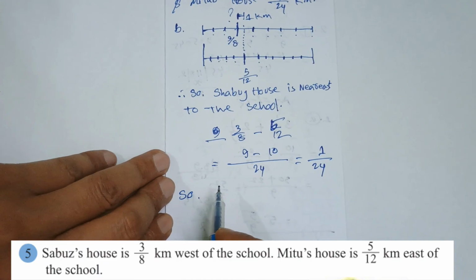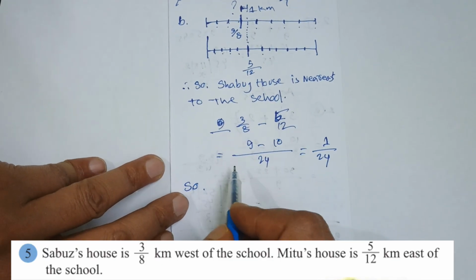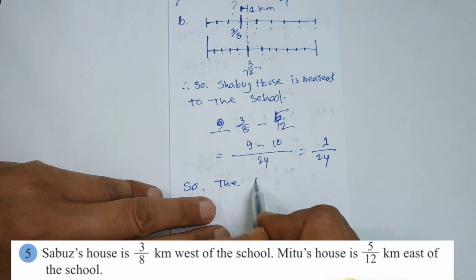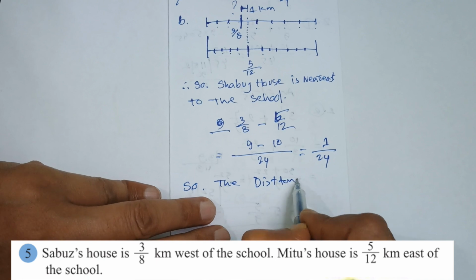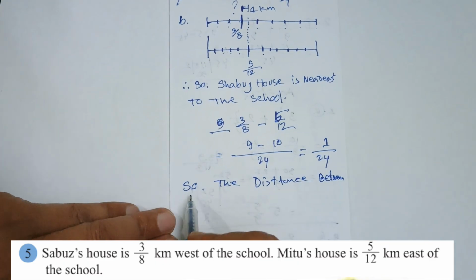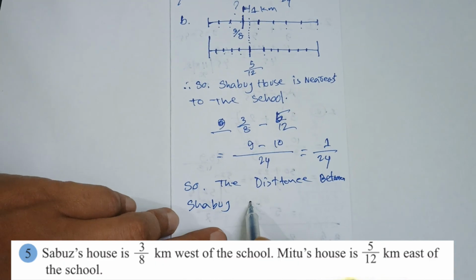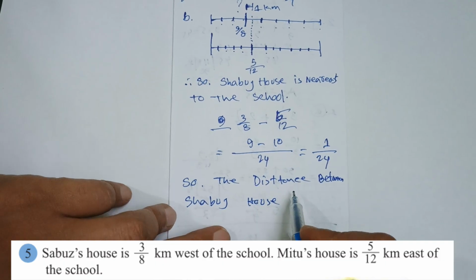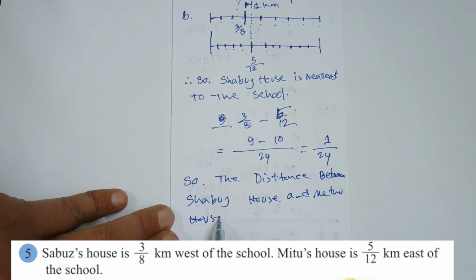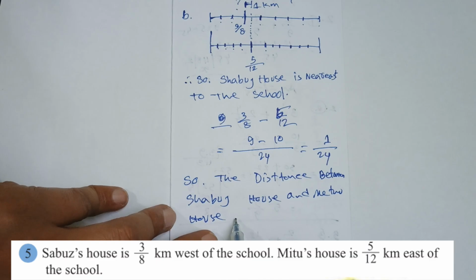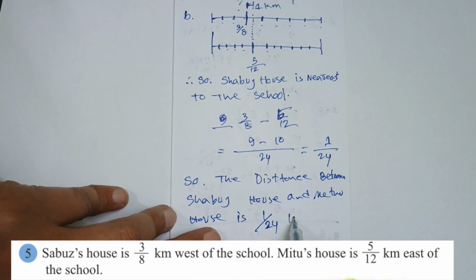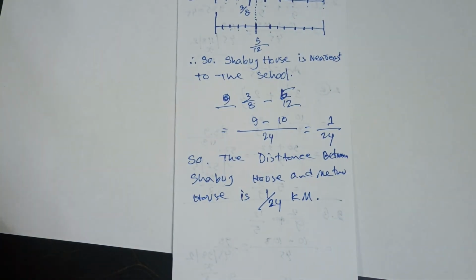So the distance between Shobu's house and Mitu's house is 1/24 kilometers. Thank you.